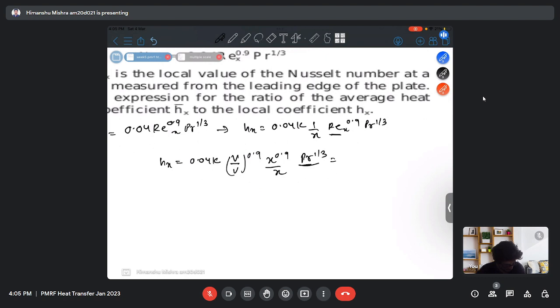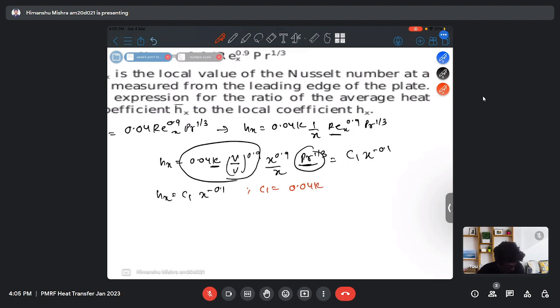Let's say I collect the Prandtl number, thermal conductivity, and hold this quantity; I will call this C1. So h_x = C1 x^(-0.1), whereas C1 is 0.04 k Pr^(1/3) times the ratio of velocity and kinematic viscosity to the power 0.9.